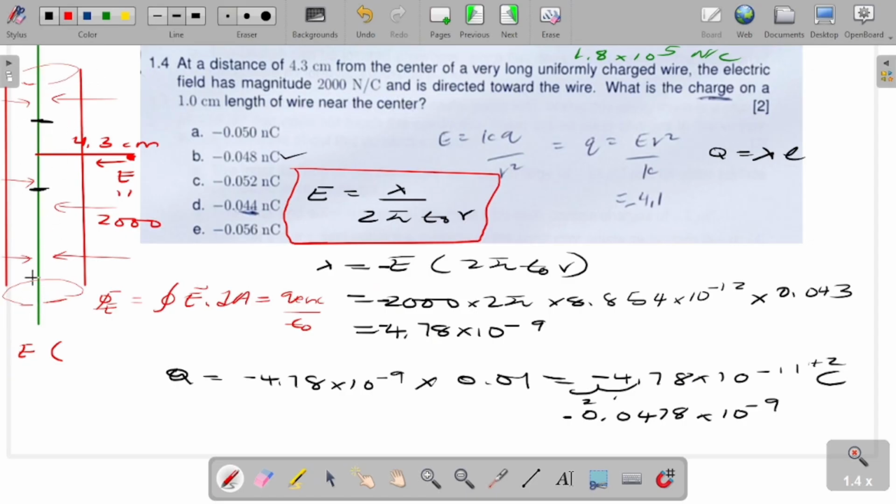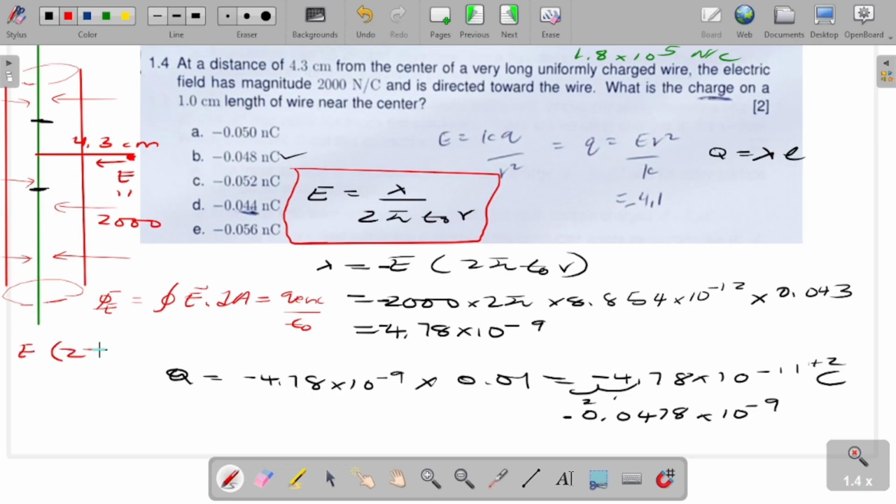We ignore the caps. There's no electric field coming out of its caps. The electric field is radially away or radially inward along its body, not on the caps, for this infinite wire.